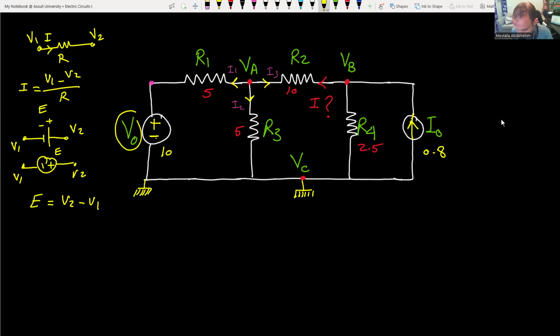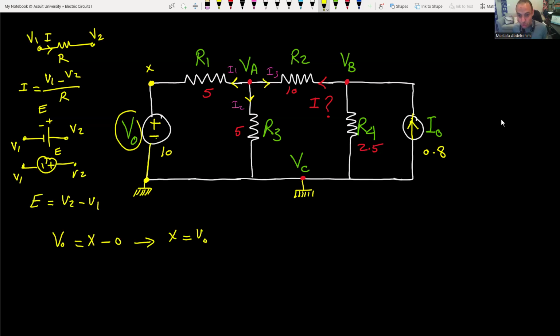So the V naught here, in our case, equals the voltage of the positive terminal, which we don't know, let's call it X, minus the voltage of the negative terminal, which is zero. So X is equal to V naught.